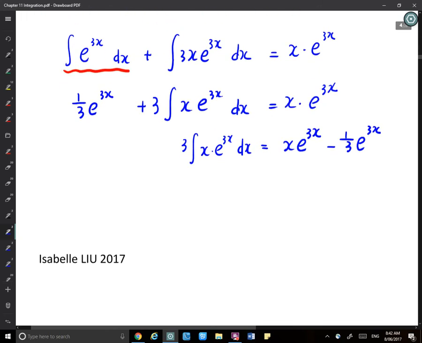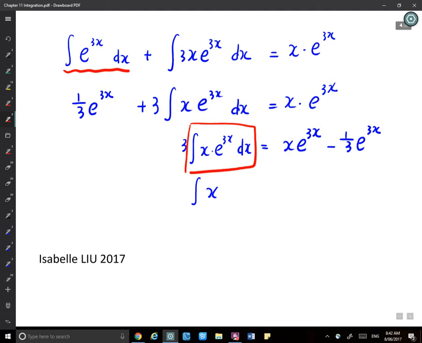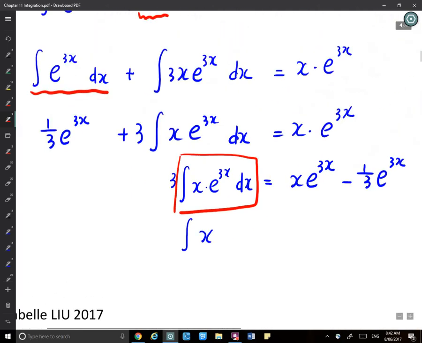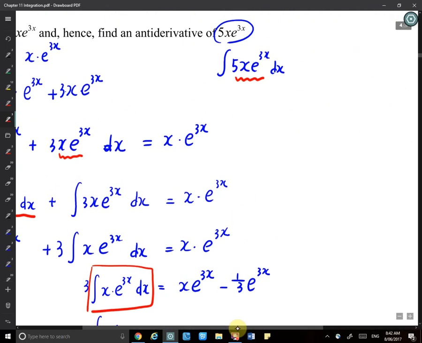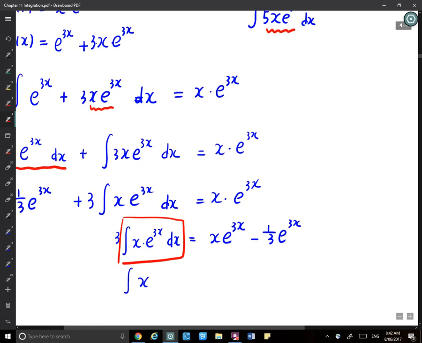And I can divide 3 on both sides. You just treat this part as a variable. Okay, I want to make that to be the subject. So I will divide. Why do I need that? Because I want 5 times of that. Now I have 3 times of that. Then I will think, what is 1 times of that?